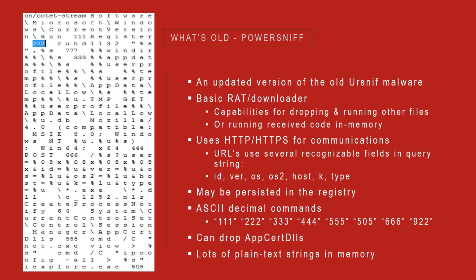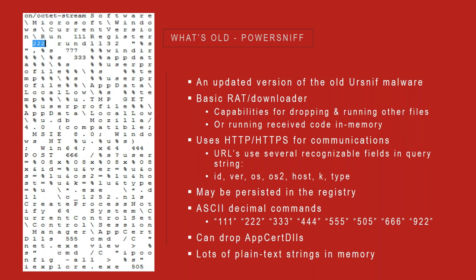So what's PowerSniff? Well, as we mentioned, this is the latest and greatest version of this long line of Sniff malware. This version, launched from PowerShell, will run entirely in memory. PowerSniff is a basic RAT or a downloader. Some people use the word downloader to describe a RAT which has limited functionality but is used to launch other malicious code. What does that mean?